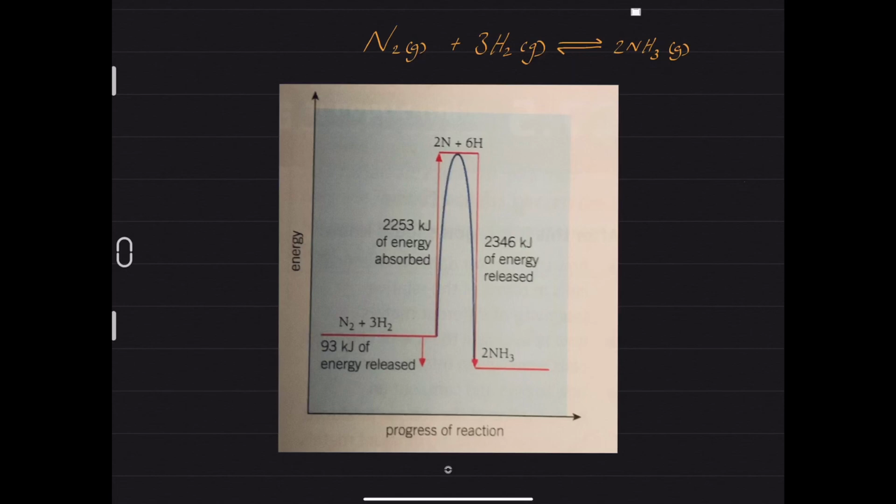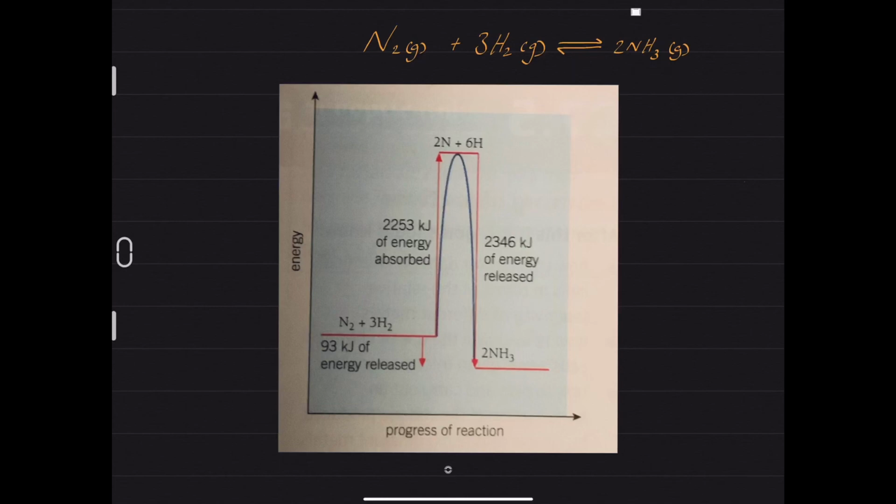And what I want you to notice here is that because this is an exothermic reaction, the products must be lower than the reactants. And this is clearly represented here, that the products are at a lower energy level than the reactants, meaning that energy was released to the surroundings. And you can see 93 kilojoules of energy have been released to the surroundings.